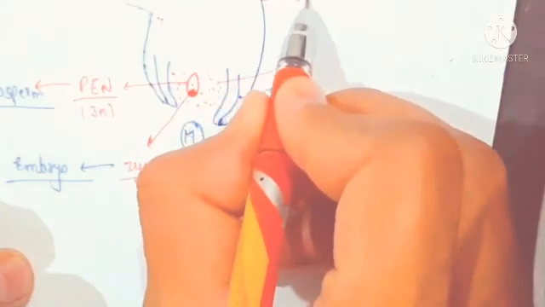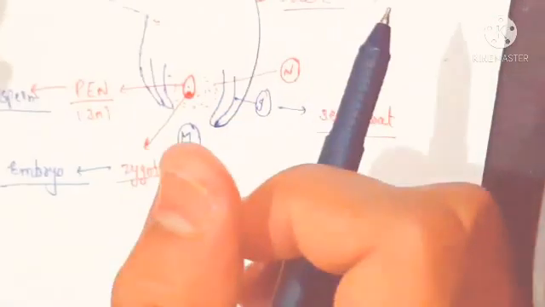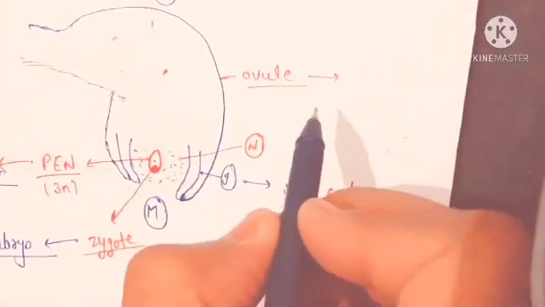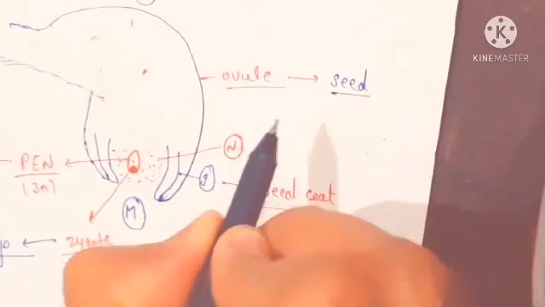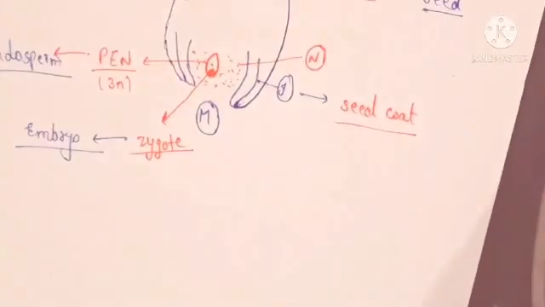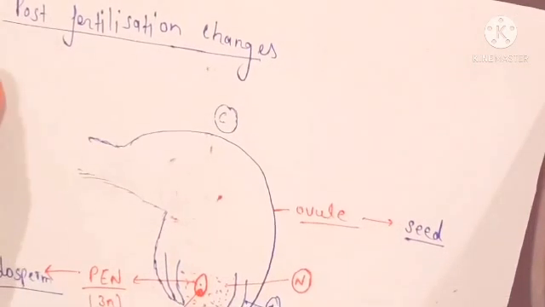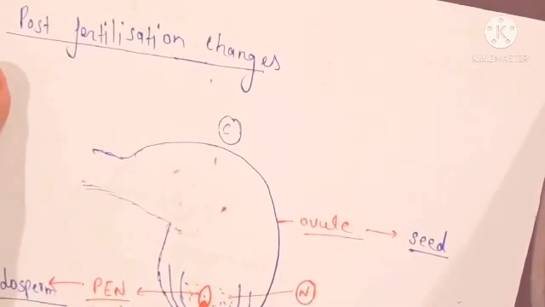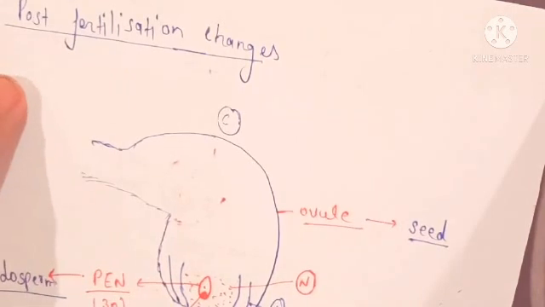This whole ovule is converted into seed. Now I will explain one more time. All these events occur in post fertilization. So here we discuss the post fertilization changes.